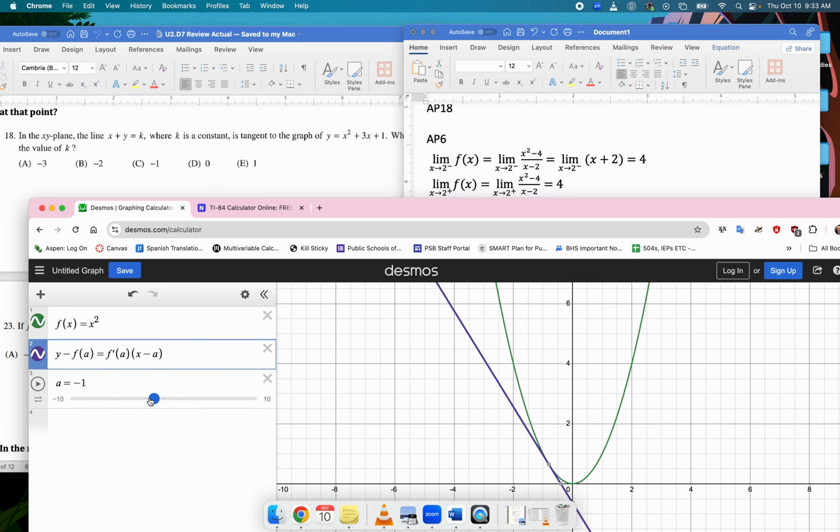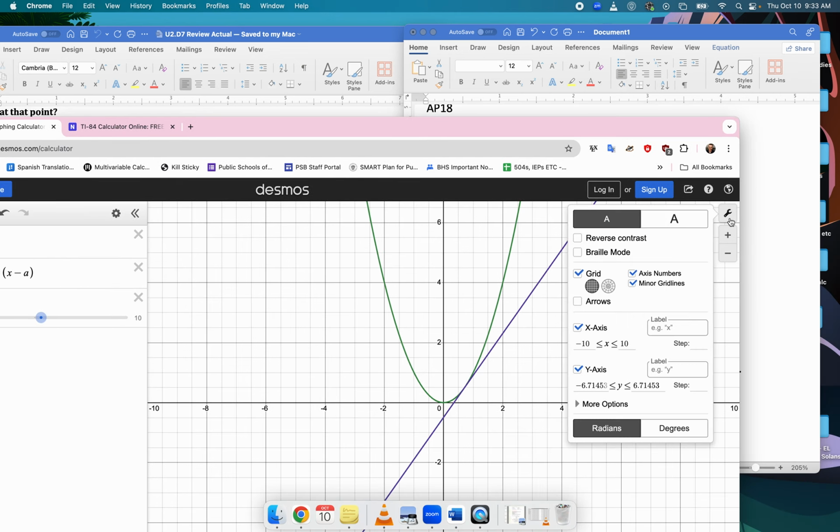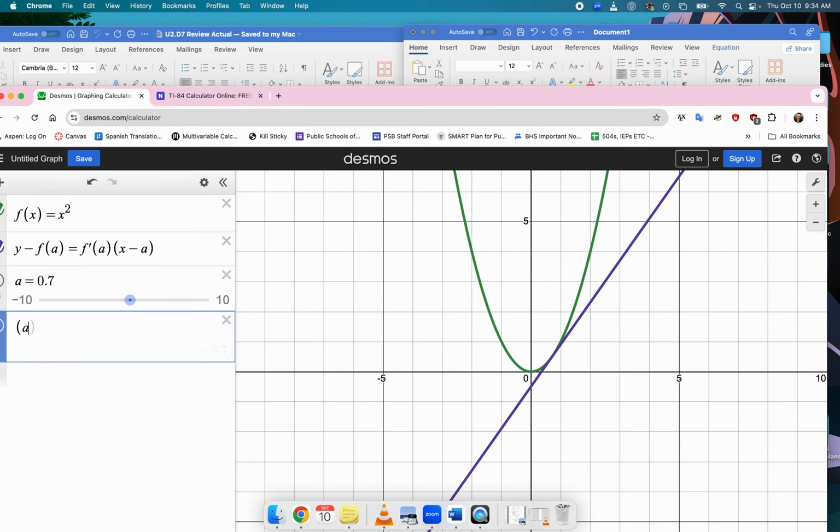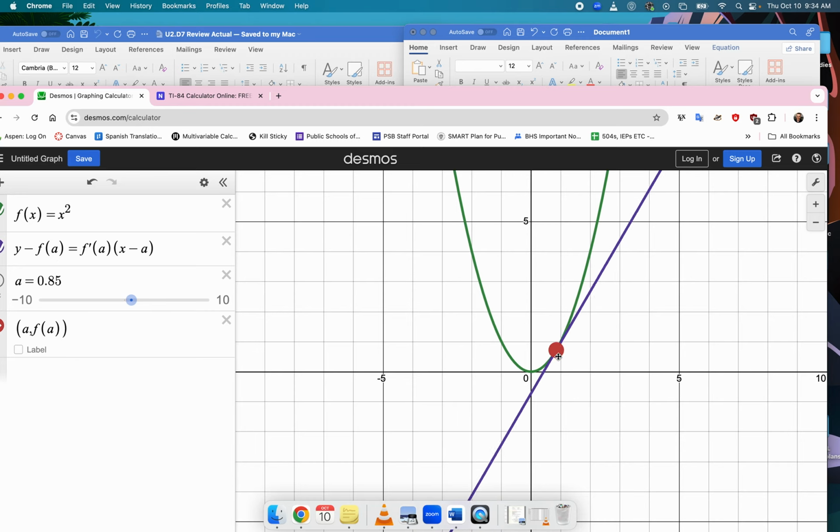If you think about any function and you think about the tangent line, this point right here is always on both the curve and the tangent line. In other words, wherever the tangent line has been drawn, the original function and the tangent line have the same value.